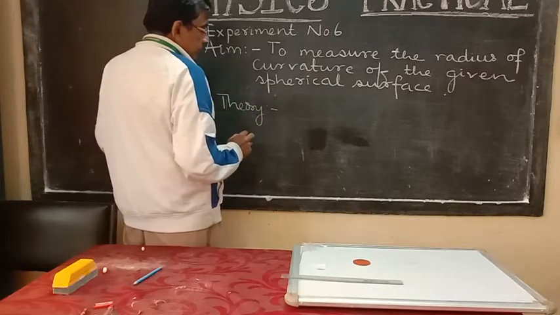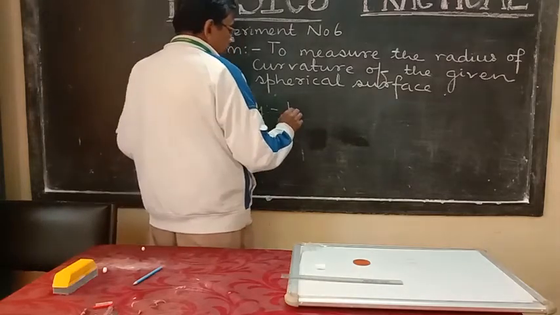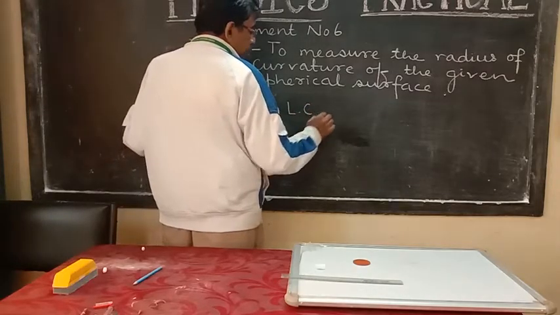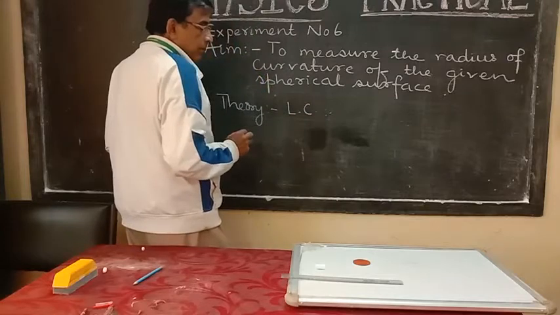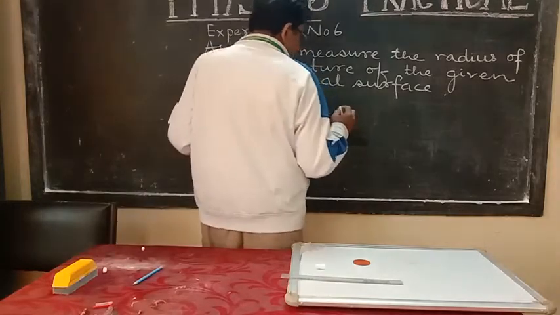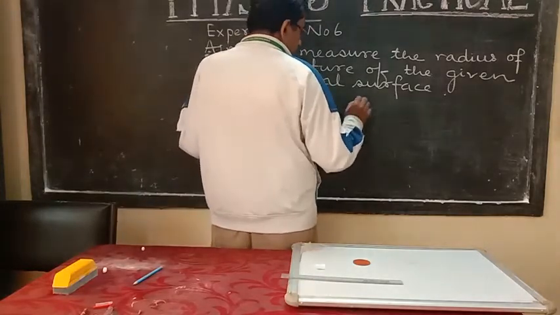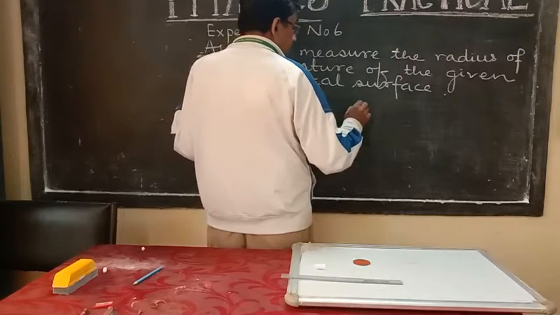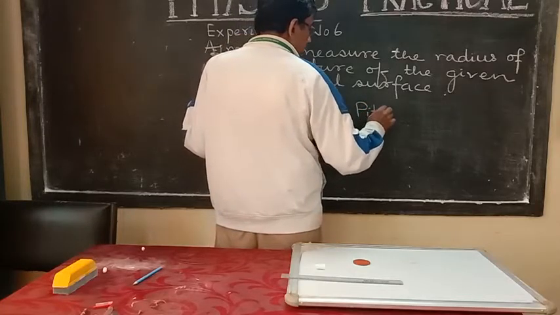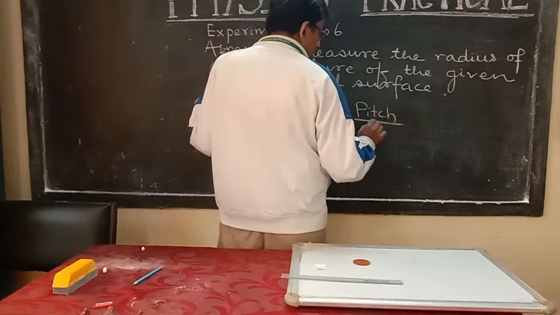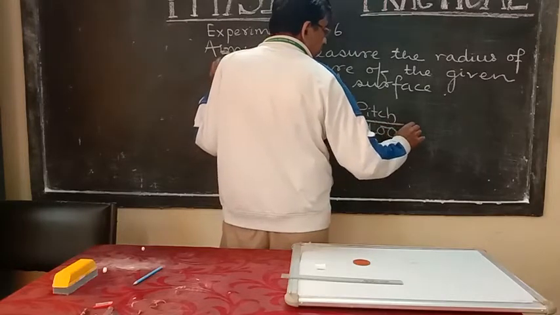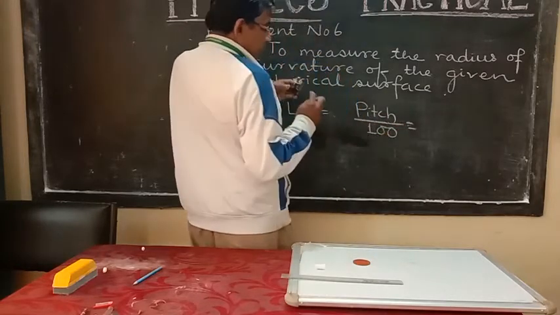Theory is, first you find out what the least count is. What is the least count here? Least count is pitch by 100. What is its pitch?